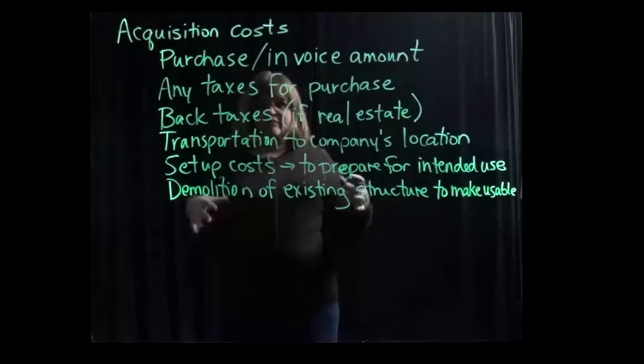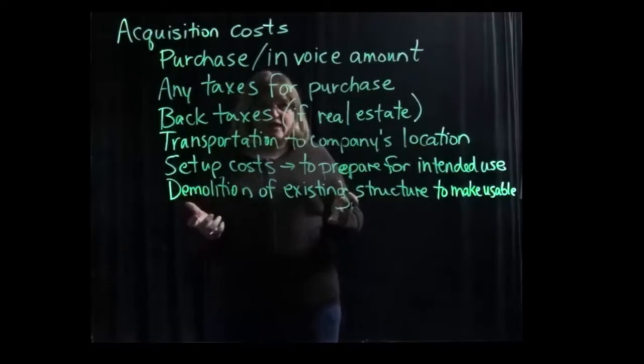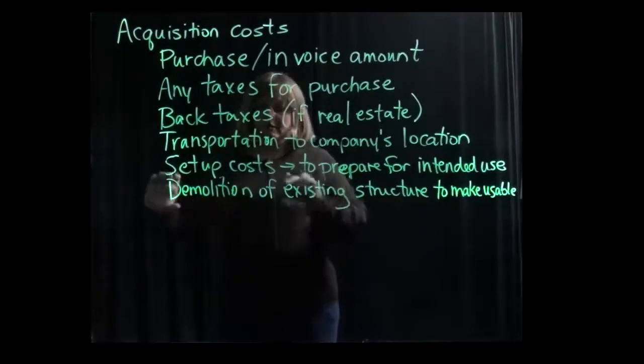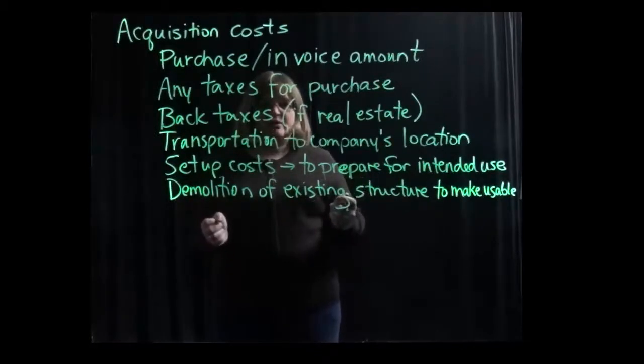So for example, if we bought a tract of land that we wanted to build a factory on, and there was a house on that land, and we didn't need the house for anything, it was just in the way, demolishing or removing that house would be part of the cost of buying that land on which to build our factory.